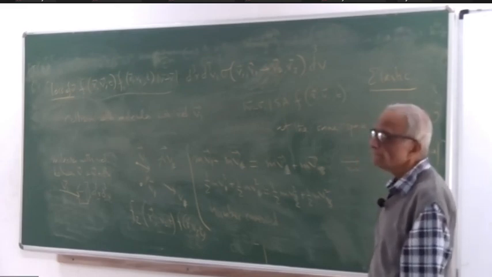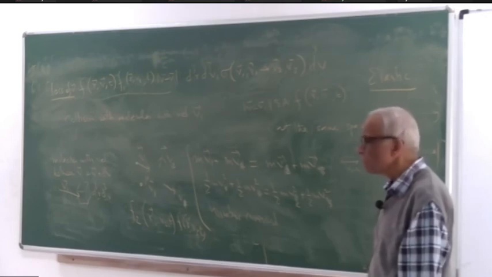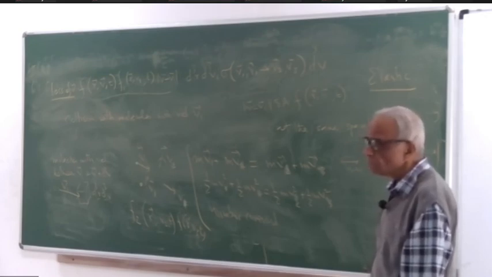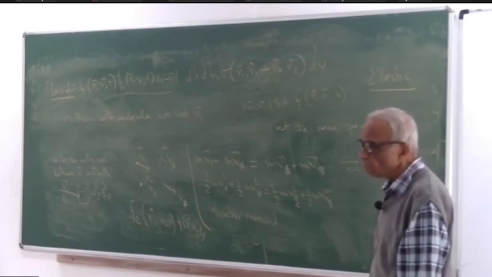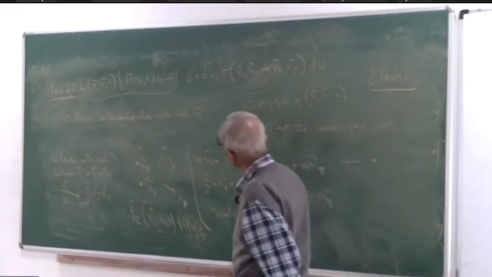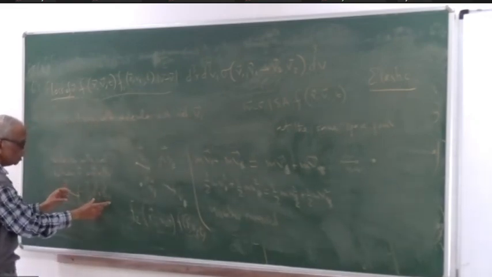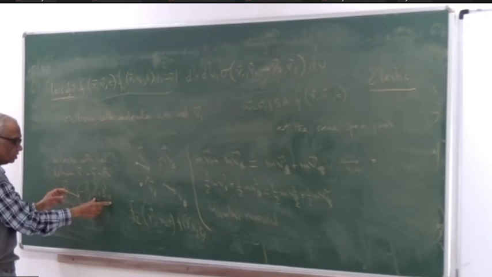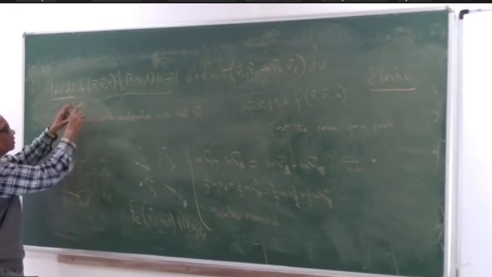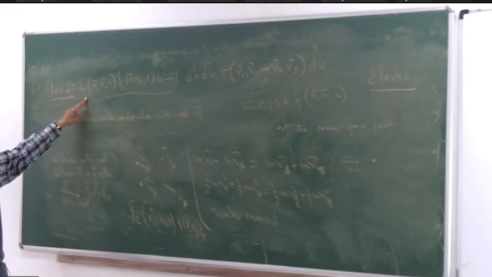f of r, v and t is the number density of particles, so that means that into volume, that into d3r, the number of particles. Then d3v, for this d3r d3v phase space region, f(r,v,t) is the density of particles, so d3r d3v comes automatically.